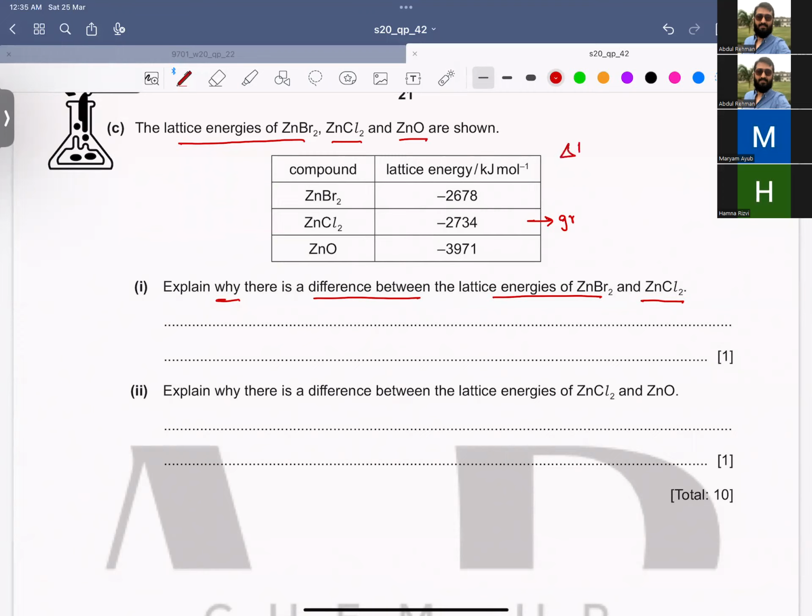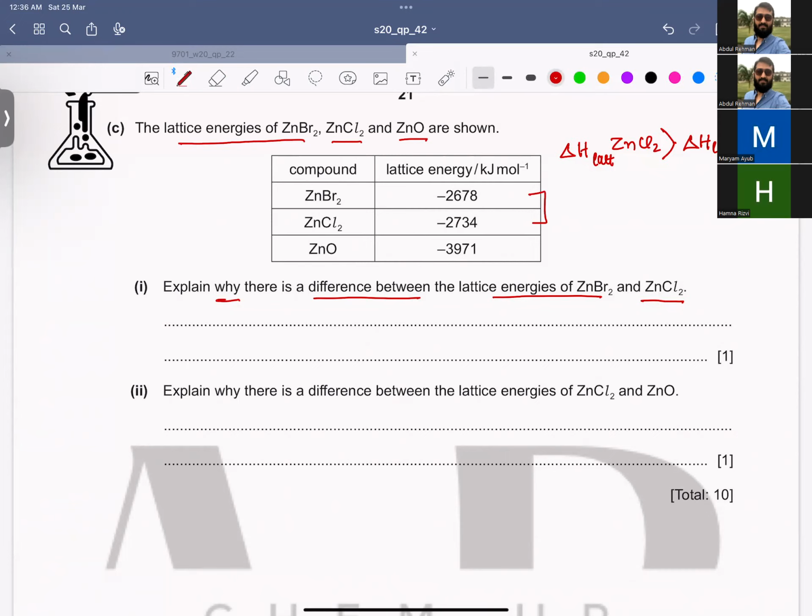So I can comment that the lattice energy of zinc chloride is greater than the lattice energy of zinc bromide. ये हमें यहाँ वैल्यूज देख के पता चल रहा है, ठीक है, अगर हम इन दो वैल्यूज को कंपेयर करें। सो व्हाट विल बी द रीजन?